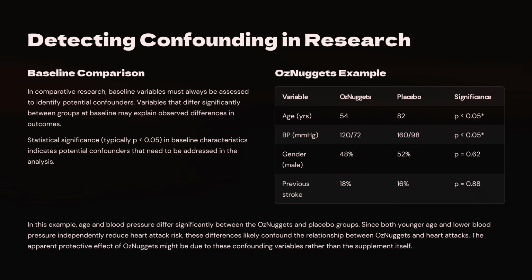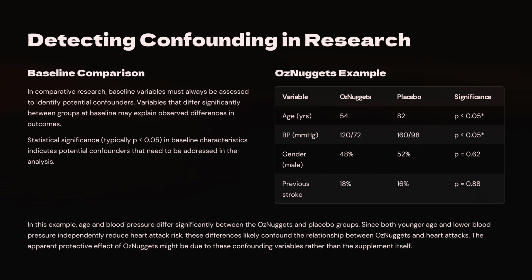So here's an example, the Oz nuggets that we already mentioned. We're comparing Oz nuggets and placebo in the top row there based on age, baseline blood pressure, gender, and previous strokes. And so you can see here, the only two variables that are significantly different are age and blood pressure. And both of those variables are actually pretty important for heart attack risk.